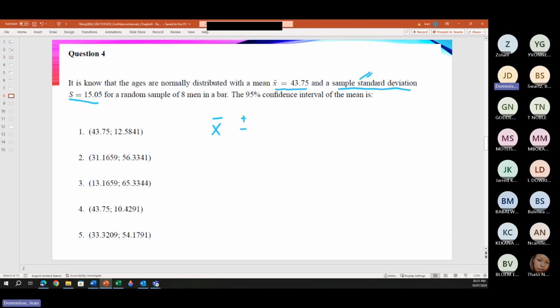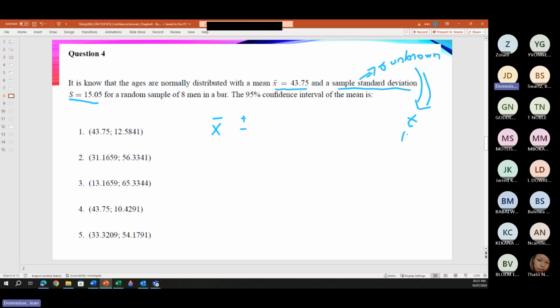Sample standard deviation means that the standard deviation is unknown. Even though we have a number for it, it is not a population standard deviation. So the population standard deviation is unknown. Because it is unknown, we now work with a t.